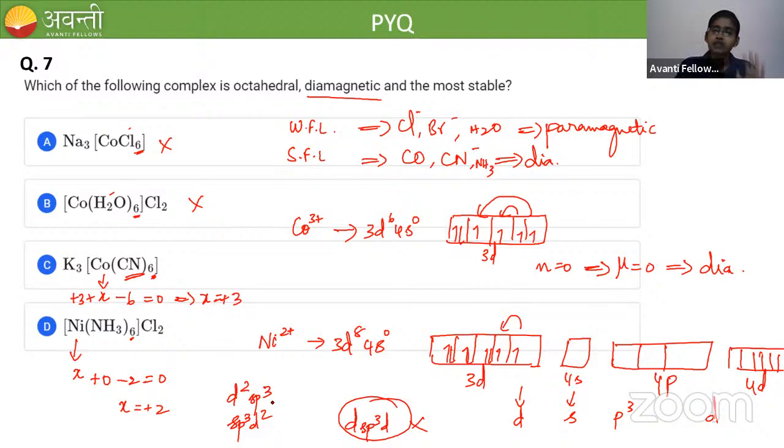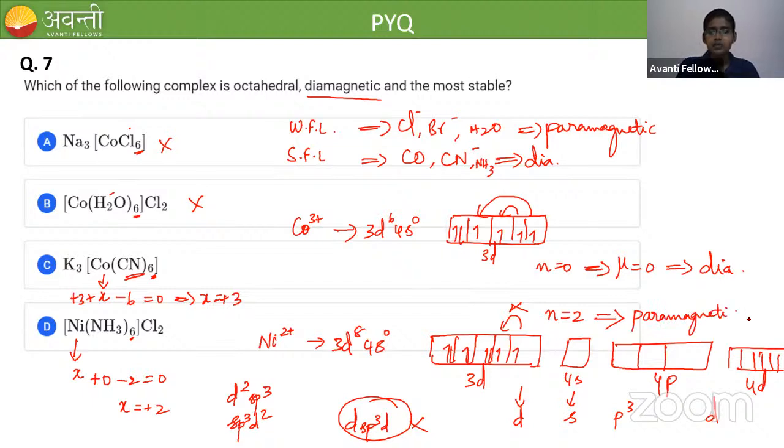So for this particular reason, nickel is an exception. Even though it has a strong field ligand NH3 attached to it, the unpaired electrons of nickel will not get paired up. So this pairing will not occur, and we are left with 2 unpaired electrons in the system. If the unpaired electrons are equal to 2, then the system is paramagnetic in nature.